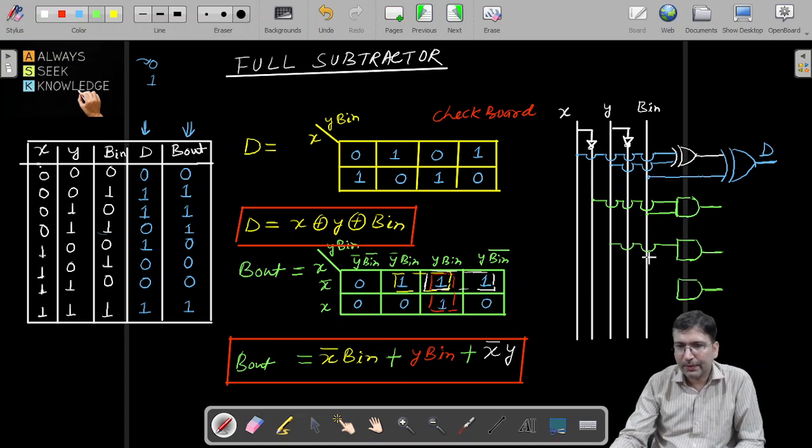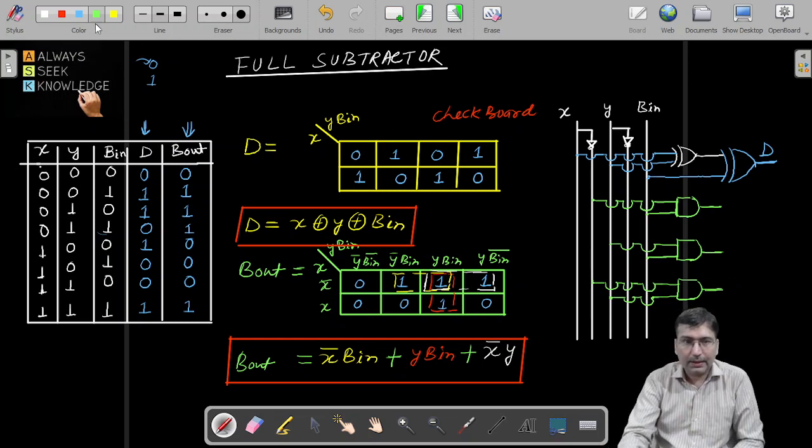So this is Y, and here we can connect with B in. This is B in. And then we want X bar Y. So X bar is here. This is X bar, and Y is given here. You can pass on Y like this, right?